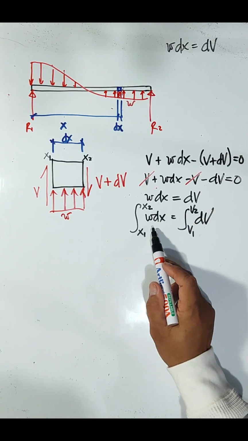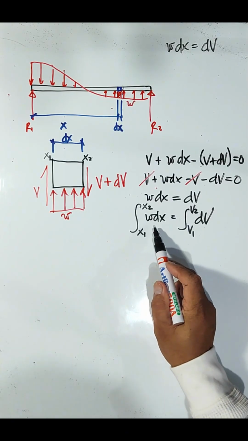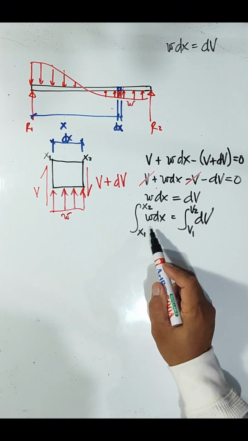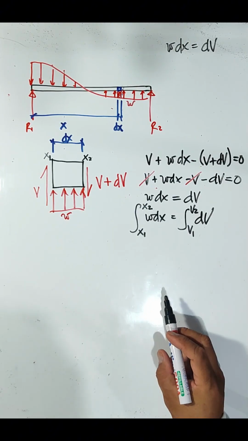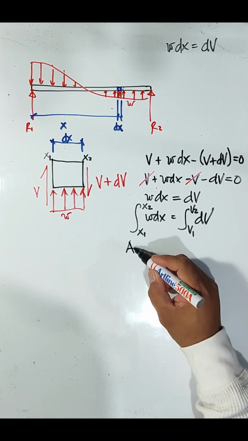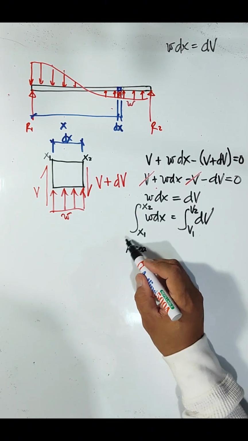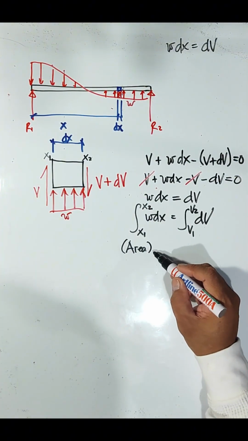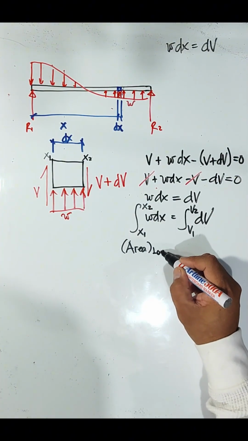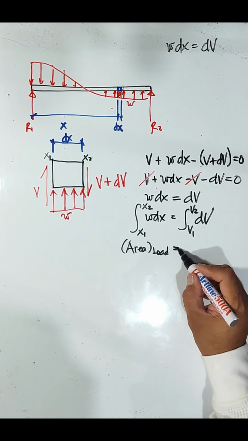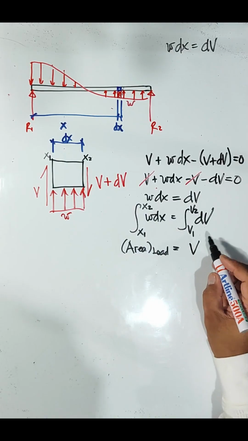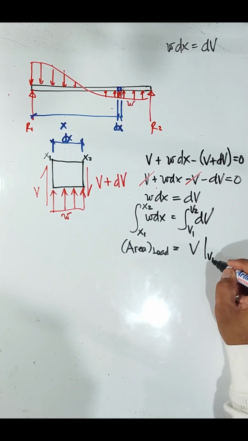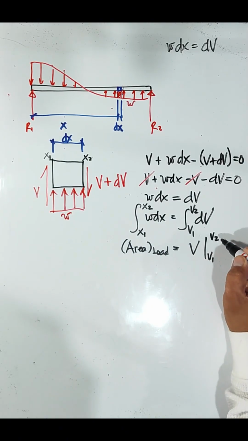If we integrate this, it's just the area under this curve from x1 to x2. So we'll write the area of W, which is the load diagram, equals V, and the limit is from V1 to V2.